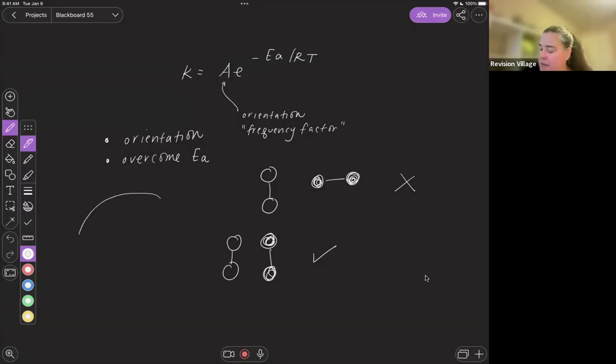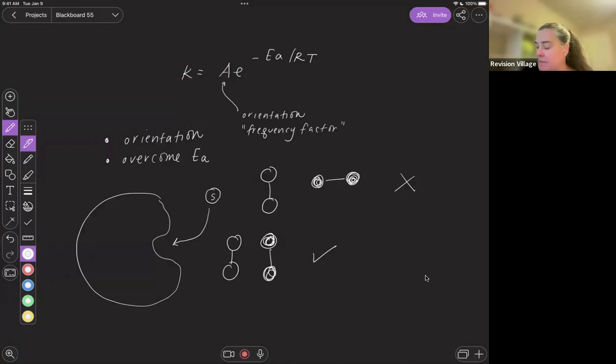But if I have some weird enzyme and some little tiny substrate, and the substrate has to make its way into the active site, the chances of my little substrate getting exactly where it needs to go in that enzyme is probably pretty small. So that frequency factor might be a lot smaller for something as complicated as enzymes and substrates.